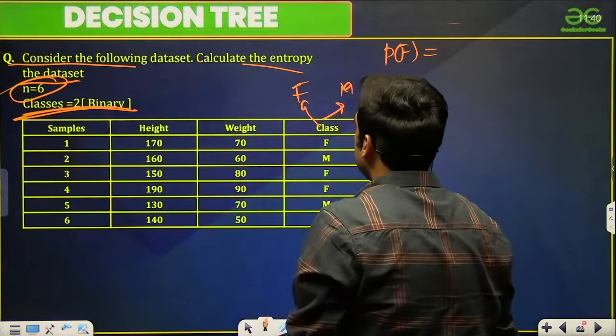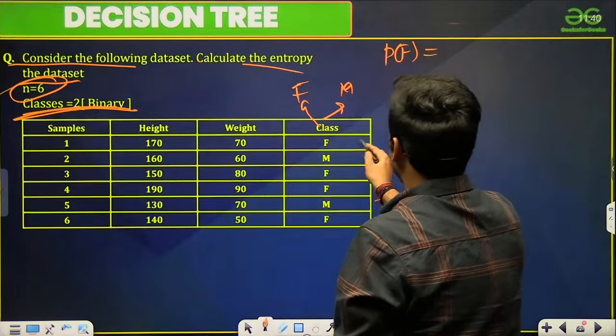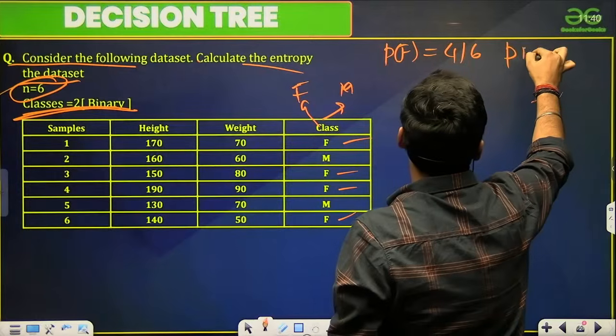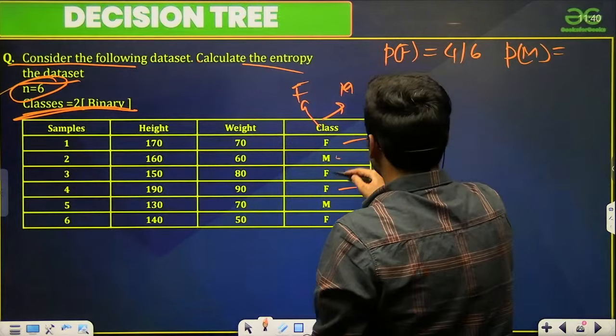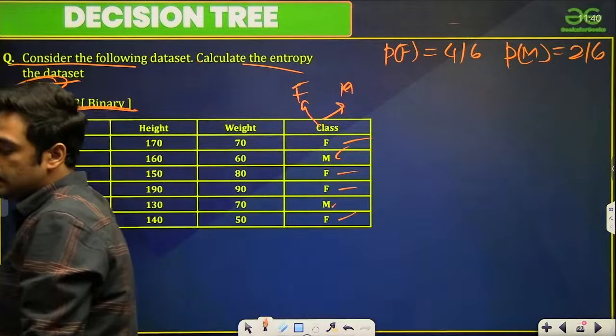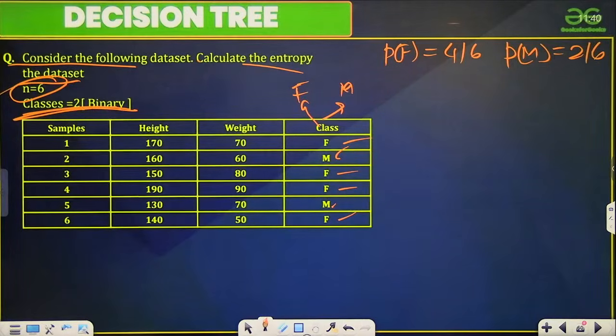The probability of class female is 1, 2, 3, 4, so 4 out of 6. And what is the probability of class male? That is 1 and 2, so 2 out of 6. The probability of class male is 2 on 6.